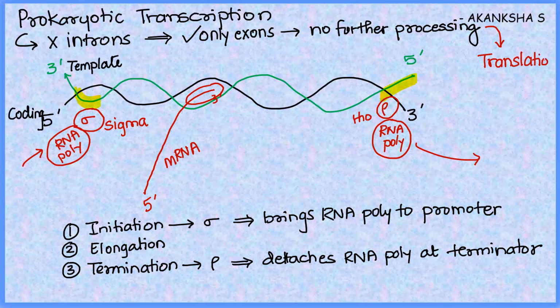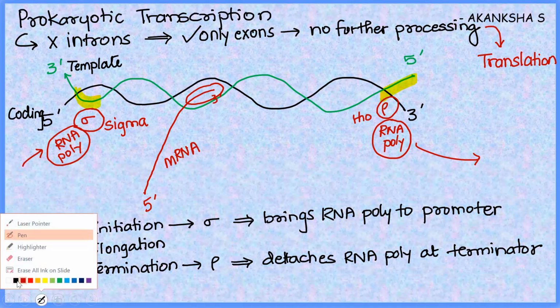Whatever mRNA or RNA is coming out from transcription is already mature, properly made. So as soon as the RNA is coming out, translation, that is production of proteins, keeps on happening simultaneously.